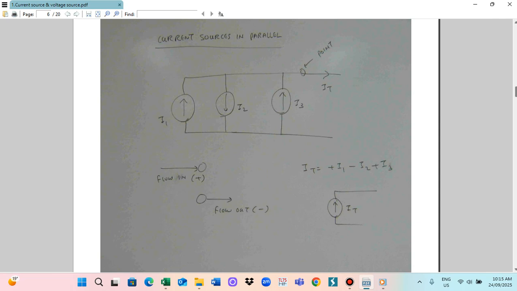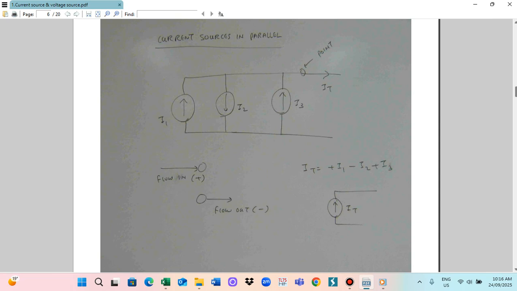In this case, you see that the current directions flow in and flow out. At the point, flow-in current is positive and flow-out current is negative. This is flow in, so flow-in current will be positive. And from here, this is flow out, so flow out is negative.